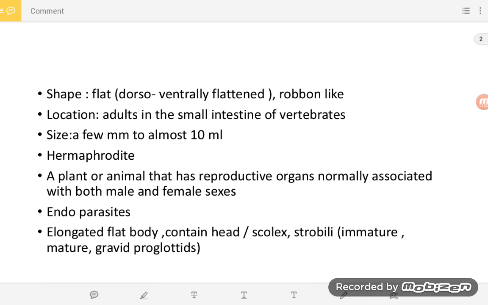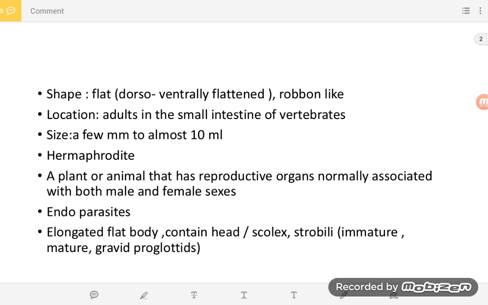Another feature: hermaphrodite, a plant or animal that has reproductive organs normally associated with both male and female sex. When we consider the reproductive system, both male and female are present in a single segment or organism, so we cannot separate male and female.